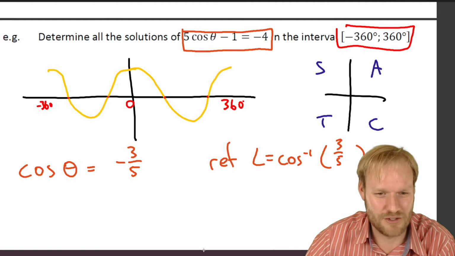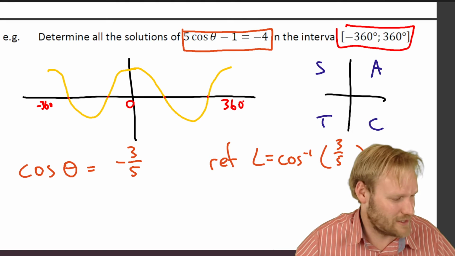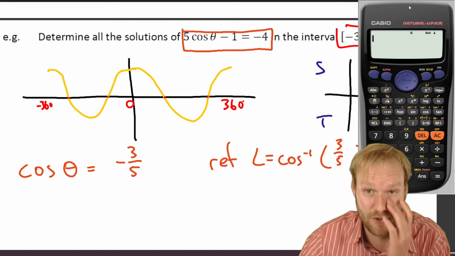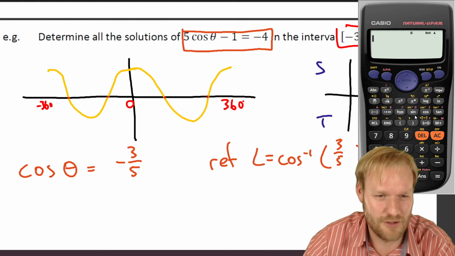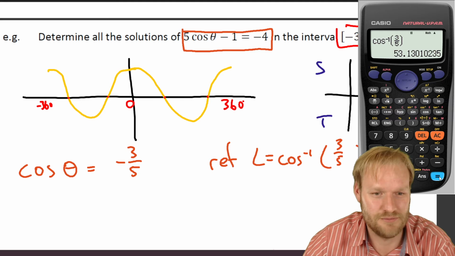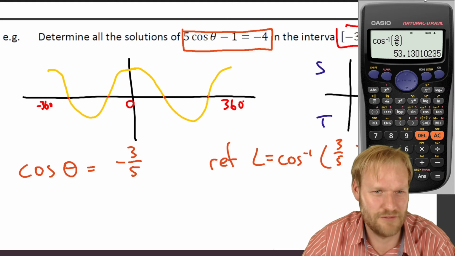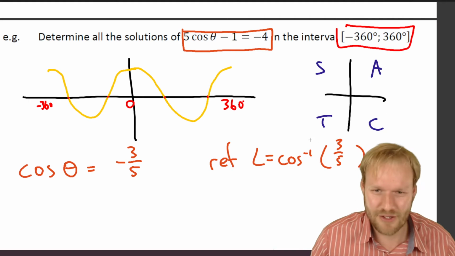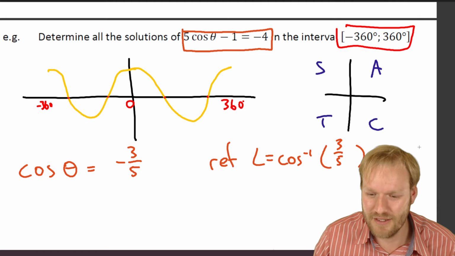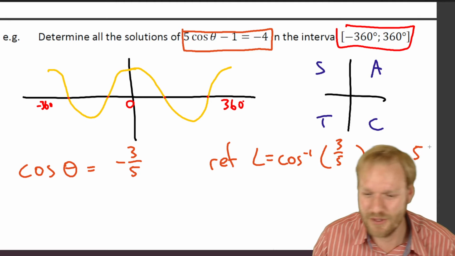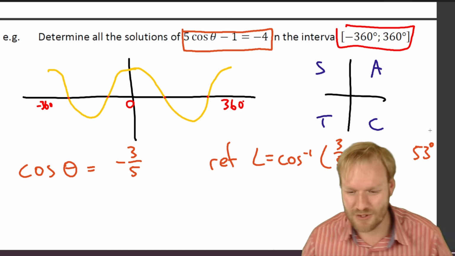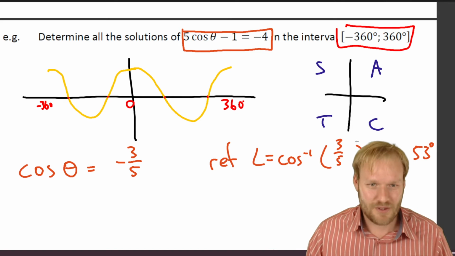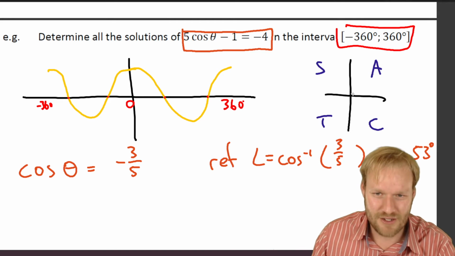In the case of cos, maybe you'll start seeing why it doesn't matter for cos if we did the reference angle using 3 over 5 or negative 3 over 5. But we've got 3 over 5 over here. So our reference angle is 53 degrees. We may or may not have seen that 53. Let's see if I can just put it this side of me so it's still captured there. So 53 degrees.